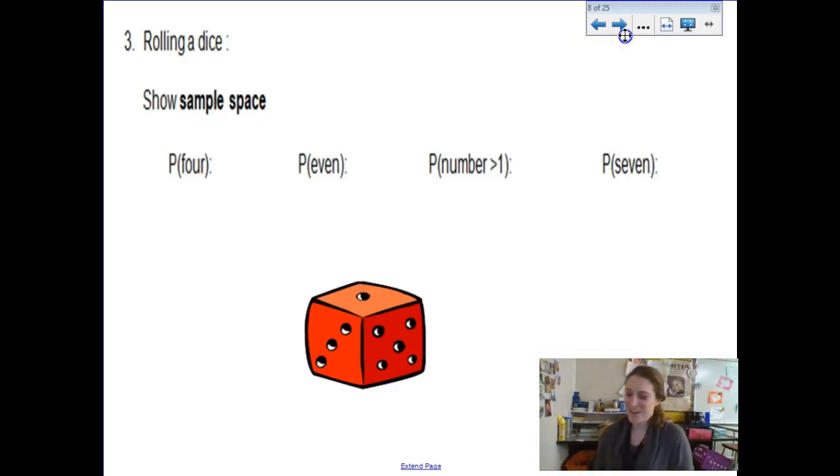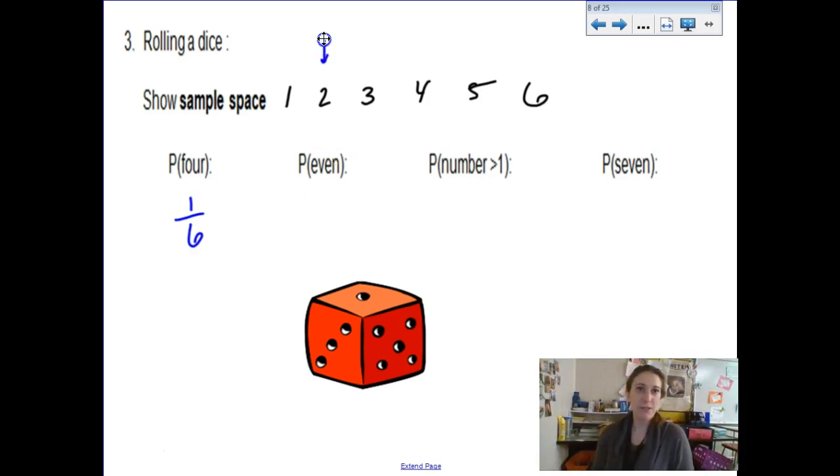Okay, here we go. If I'm rolling a 6-sided dice, the sample space is what could happen. You could roll a 1, or a 2, or a 3, or a 4, or a 5, or a 6. Sometimes it helps to draw out your sample space. The probability of rolling a 4, well, that's 1 out of the 6 outcomes. So that's 1 out of 6.